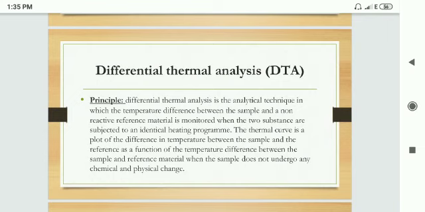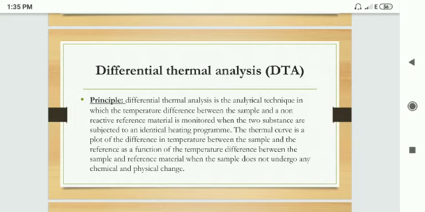Differential thermal analysis is the analytical technique in which the temperature difference between the sample and a non-reactive reference material is monitored when the two substances are subjected to an identical heating program. The thermal curve is a plot of the difference in temperature between the sample and the reference as a function of temperature.